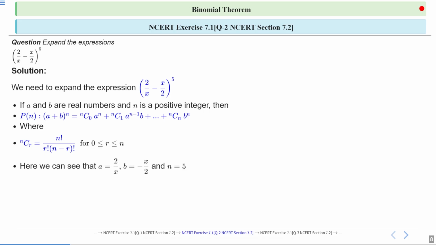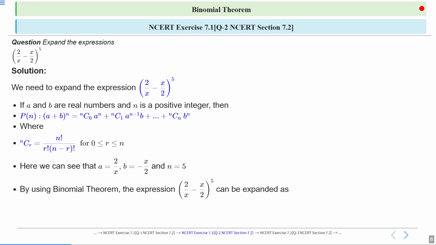Here we can see that a equal to 2/x, b equal to -x/2 and n equal to 5. So now we will substitute these values. By using the binomial theorem, we get the expansion of the expression.